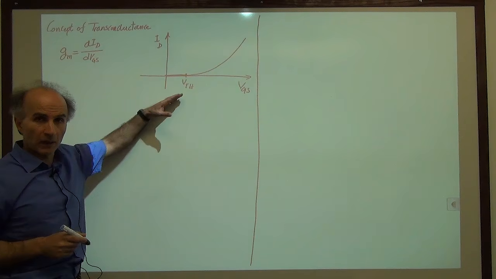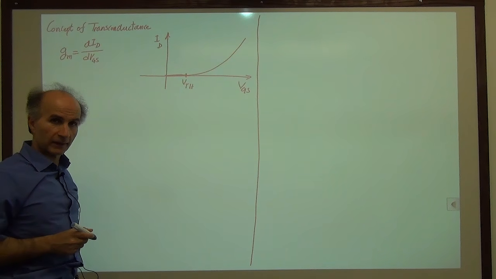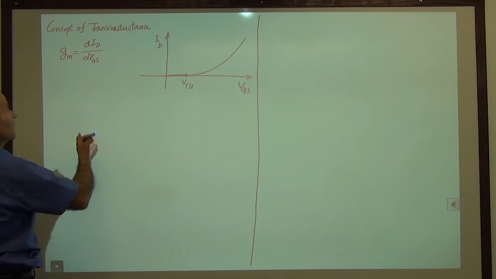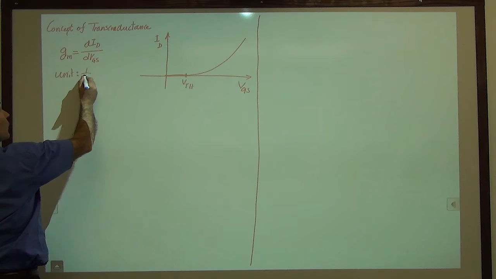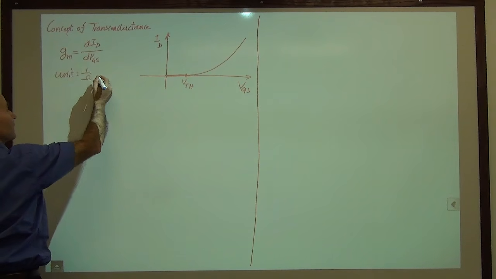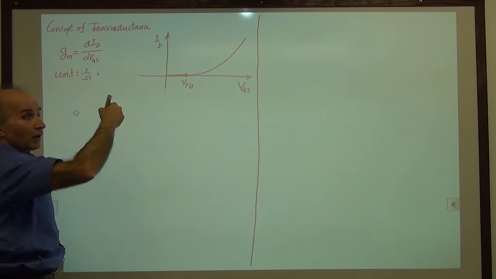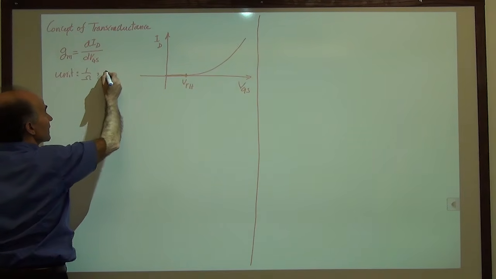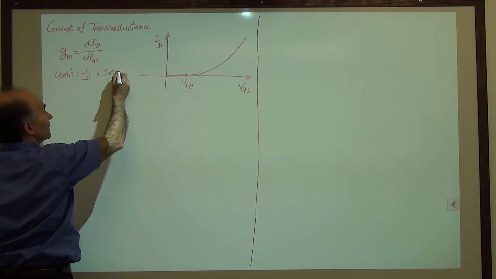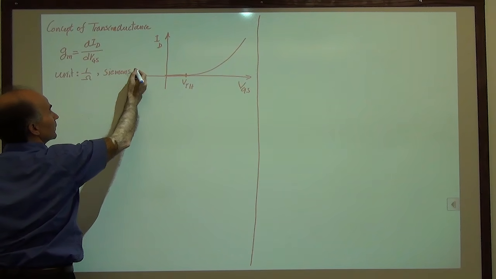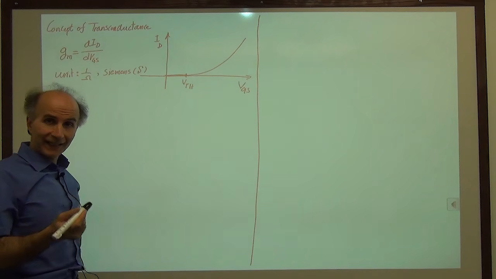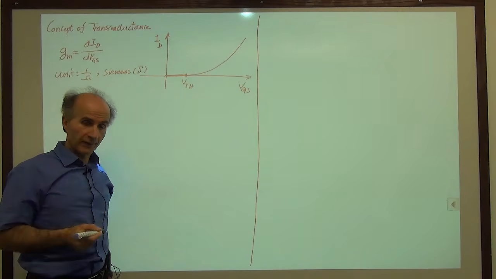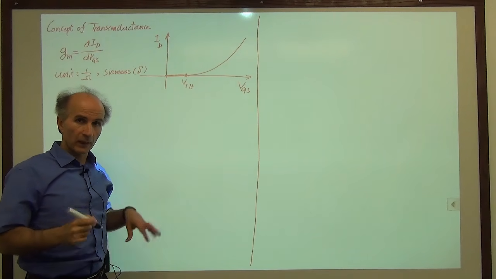Okay, the slope of this characteristic is called the transconductance. You can see that the unit is either 1 over ohm, because this is 1 over resistance, or there's also an official name for this, which we say Siemens, and we denote it by uppercase S. Lowercase s is used for second, uppercase S is used for Siemens. So either way, whichever you like.